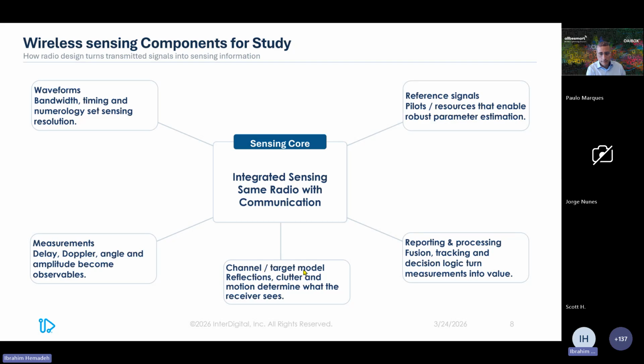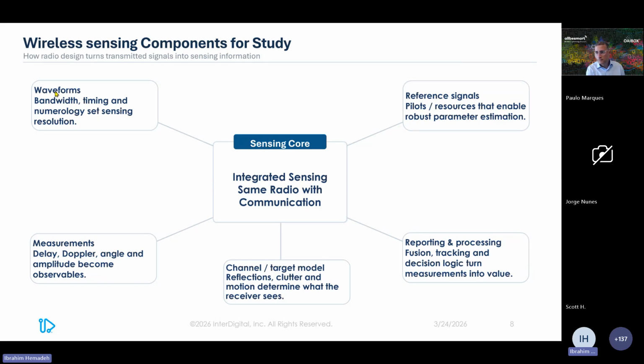You have the target model, the reflection, the clutter, and so on. What will be studied typically is the waveforms. Currently, we have OFDM based, but in the radar literature, we have so many types of waveforms that are considered for radar systems, such as FMCW, chirp-based signals, pulse signals, different types of waveforms that are being considered.